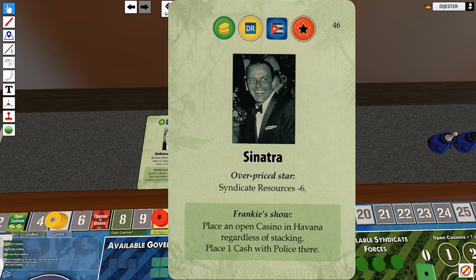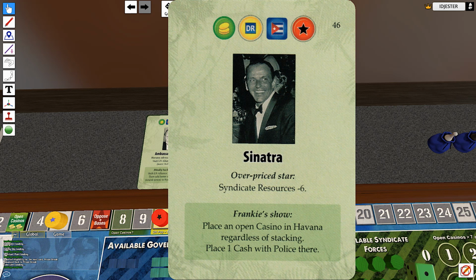In the middle, you usually get some kind of a picture or drawing. You'll get the name of the card, and this card is Sinatra. You also have the number of the card, number 46, up in the top right-hand corner. And then you'll have an unshaded event, and then a shaded event.